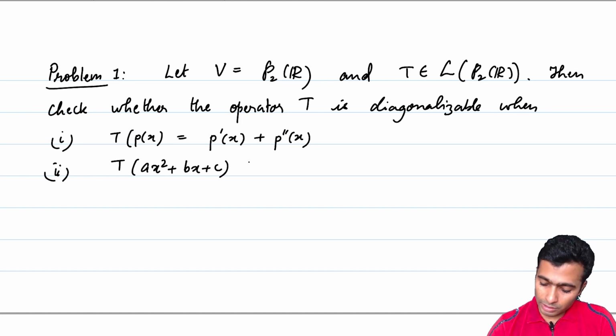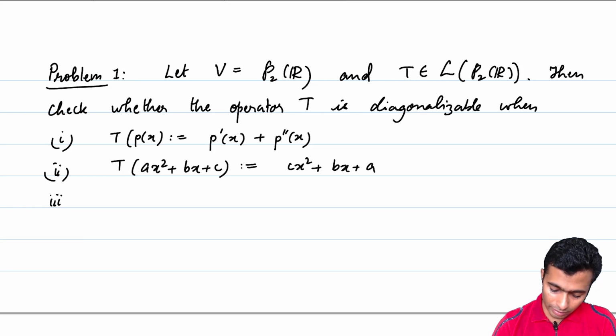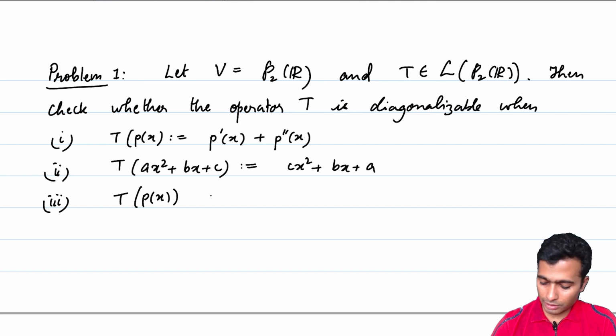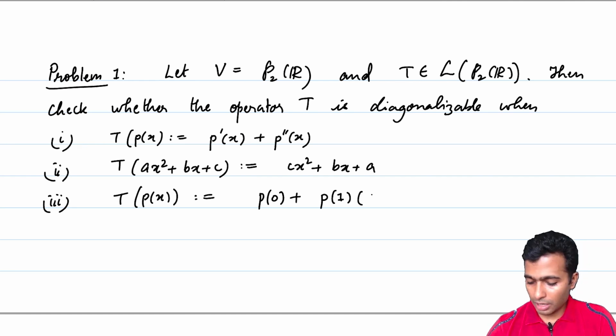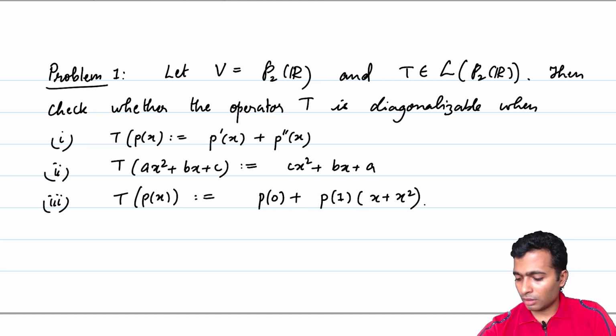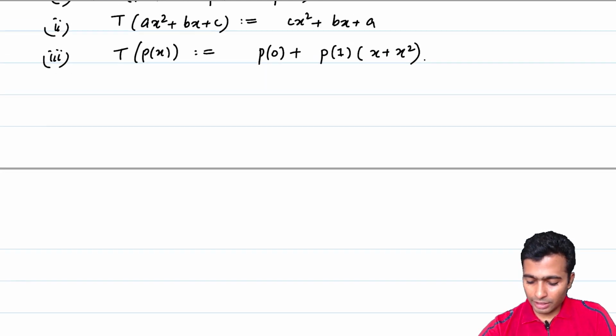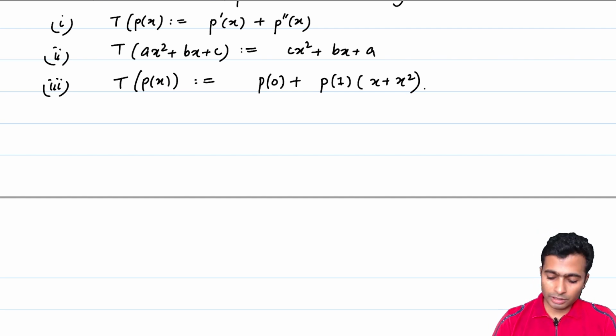This polynomial is sent to, by definition, cx square plus bx plus a. And how about the third one? The third one is just T of P of x is the evaluation of P at 0 plus the evaluation of P at 1 times x plus x square. Okay, so we'll check whether these three linear operators that are just given are diagonalizable or not.